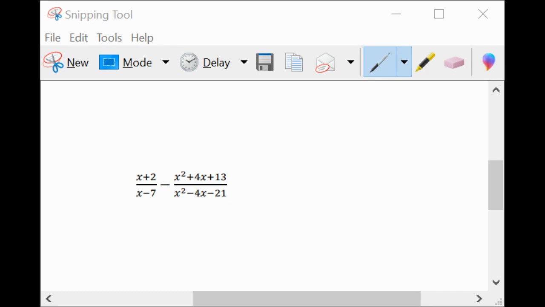Now, 15x plus 3, I think 3 will go into both those things. So if I take a 3 out, I end up with 5x plus 1. Now remember, I'm dividing both the 15 by 3 and the 3 by 3. That's how I got the 5 and the 1.